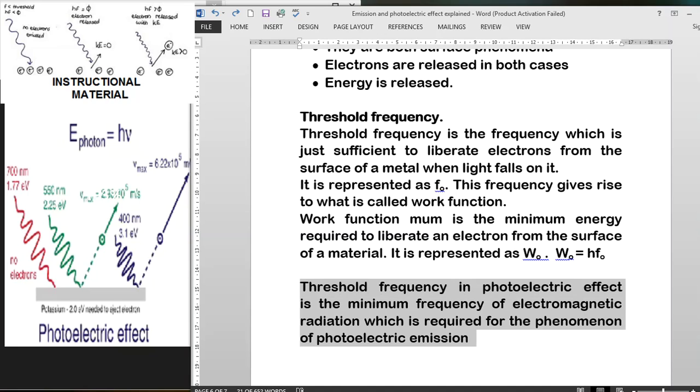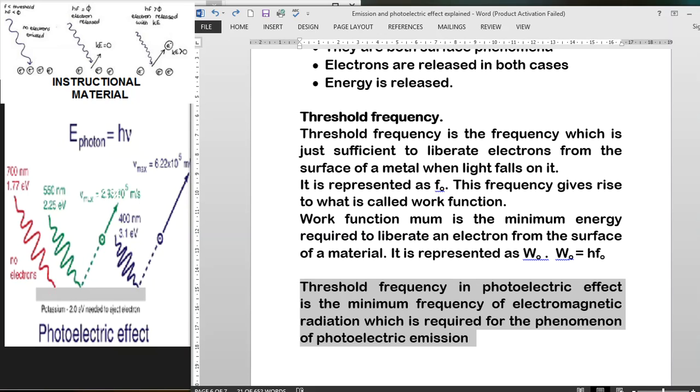So we'll look at what threshold frequency is. Threshold frequency, in the photoelectric effect, is the minimum frequency. Since we have to use work function in terms of threshold frequency, we cannot take threshold frequency away from work function.